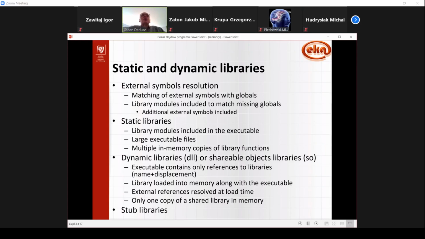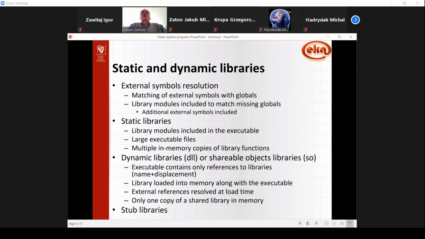So the important thing is that the code of functions, of variables, of data blocks, which are contained inside a dynamic library, are not copied into the executable. Instead, inside the executable, you have just information that a dynamic library is required and what is the address inside that library that the reference refers to.